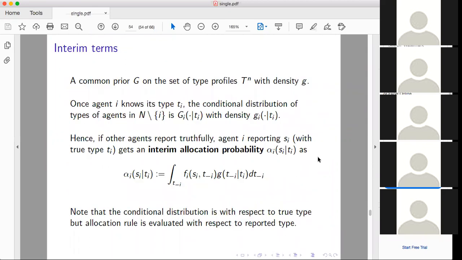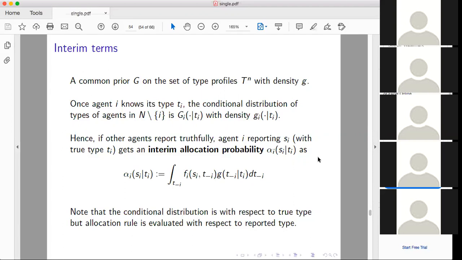And because it's a Bayesian incentive compatible solution concept, to define Bayesian games we need to assume some priors over the type space. In particular, here we're going to assume that there is a common prior G on the set of type profiles T^n with a positive density small g. So the sequence of events is as follows.